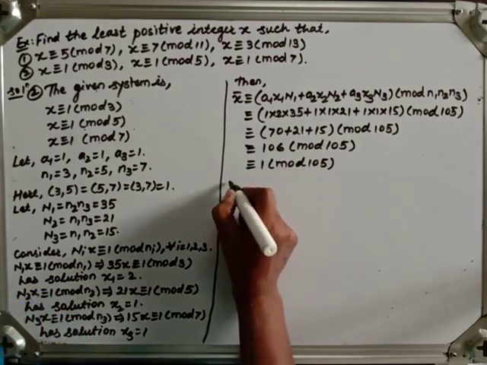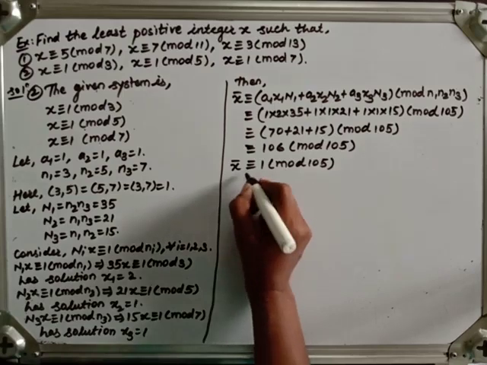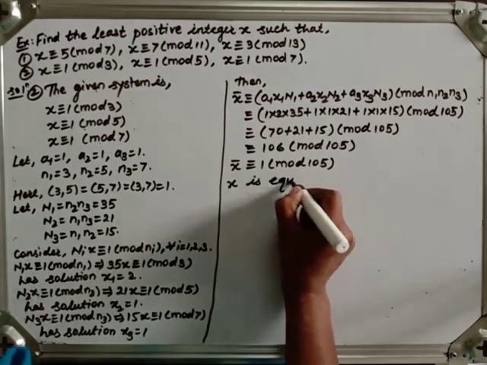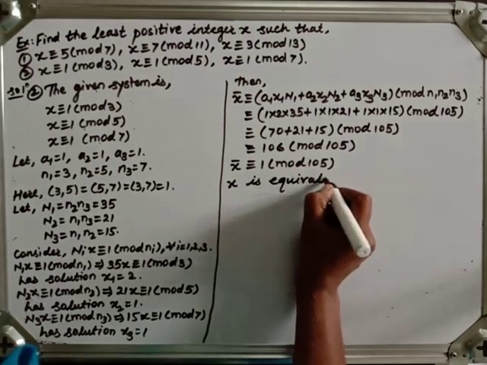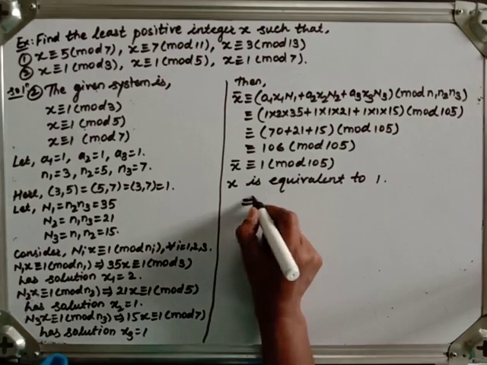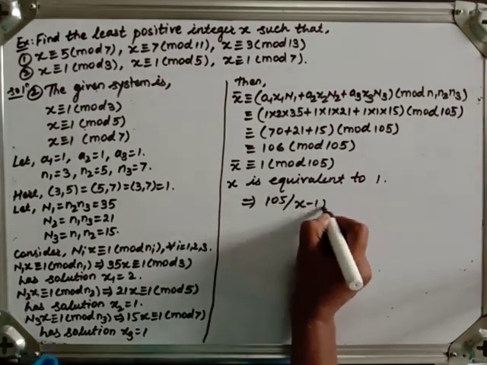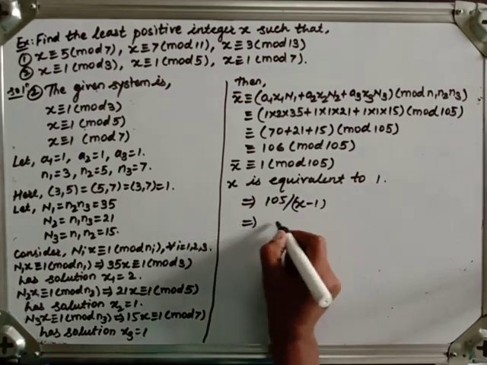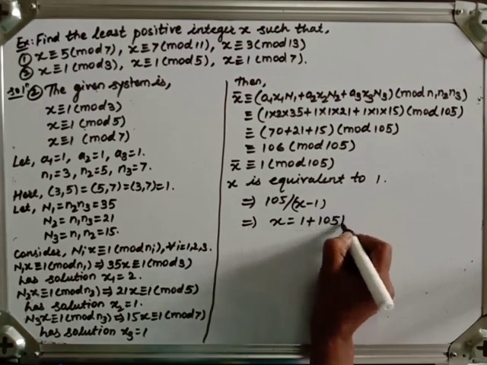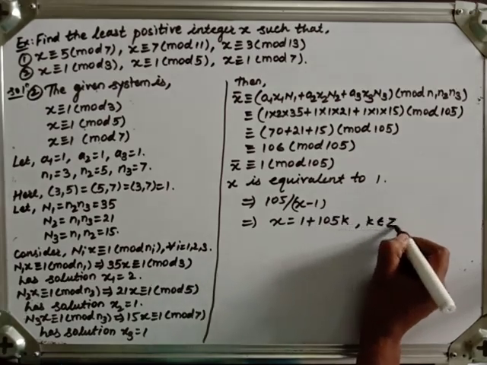Okay. So x bar is congruent to 1 modulo 105. So x is equivalent to 1 here, as 105 divides x minus 1. That gives us x equal to 1 plus 105k for k in Z.